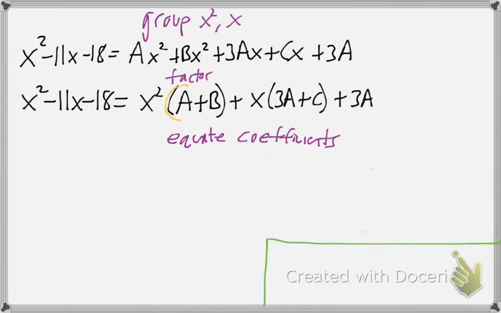So I have an A plus B being multiplied by x squared on the right, and I have a 1 being multiplied by x squared on the left. So my x squared equation is A plus B is equal to 1. With my x equation, I have 3A plus C being multiplied by x on the right, and I have a negative 11 being multiplied by x on the left.